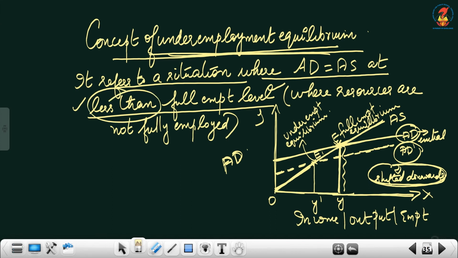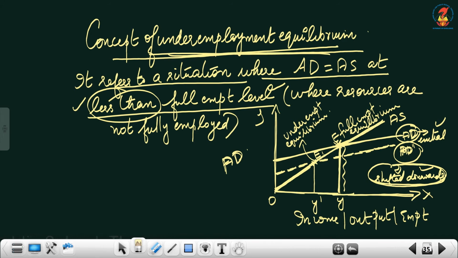So, underemployment equilibrium can happen when the aggregate demand curve is falling or shifting downwards from the initial one. The initial aggregate demand curve is AD, and the new aggregate demand curve is falling below it. When the aggregate demand curve falls, it intersects with the aggregate supply curve.